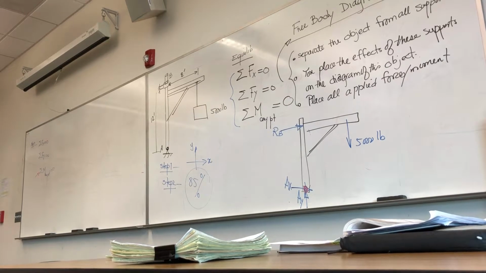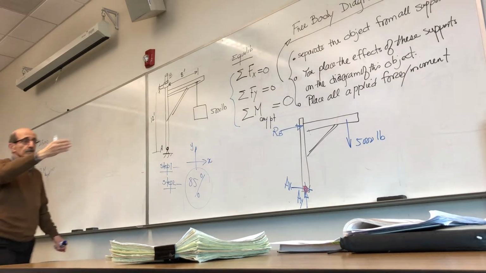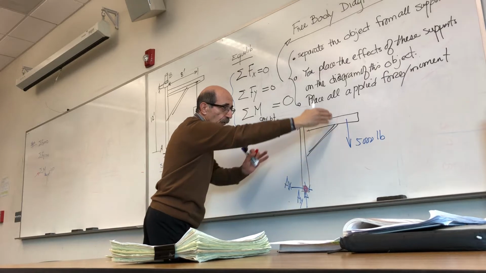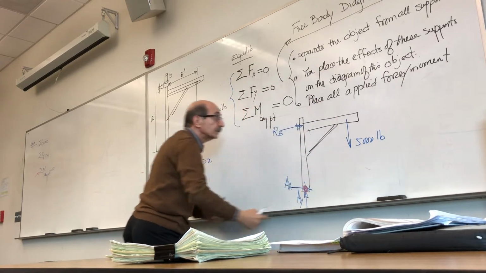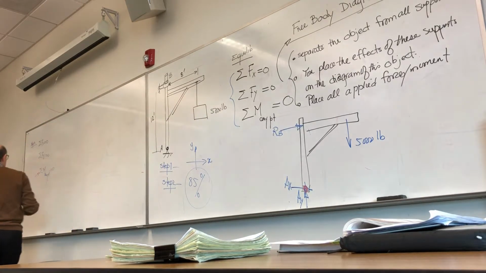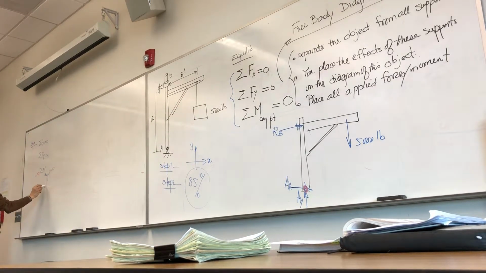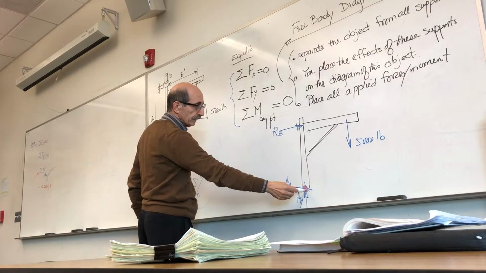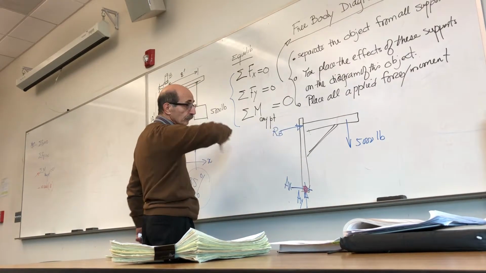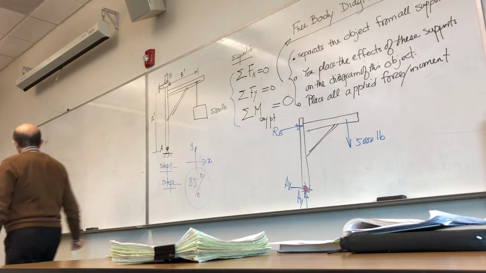So if I take summation of moments about point A, this force generates a moment which is clockwise. This is the vertical distance given as 8. So you have 5,000 times 8, negative because it's clockwise. Then you have this force, its moment about point A. This distance is 12, again turning clockwise.